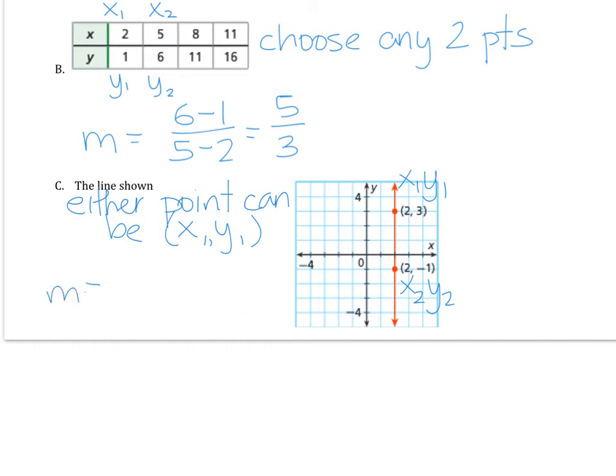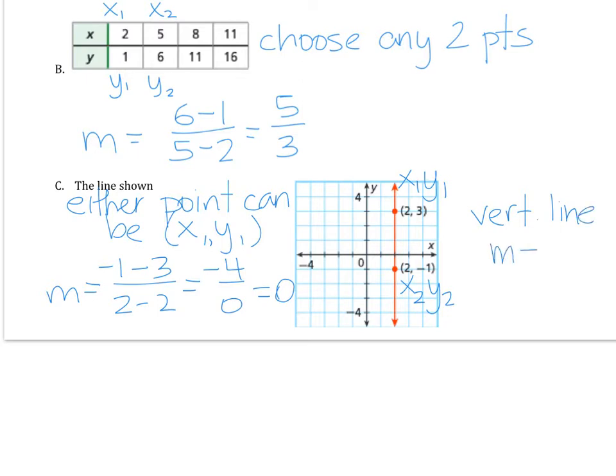Okay, so then my slope formula says I take y2 minus y1 over x2 minus x1. So you get 0 in the denominator. Oh, undefined, I'm sorry. Division by 0. Undefined or no slope.